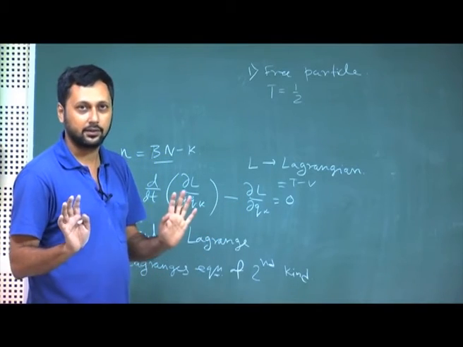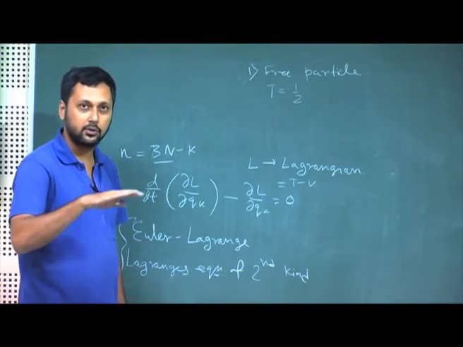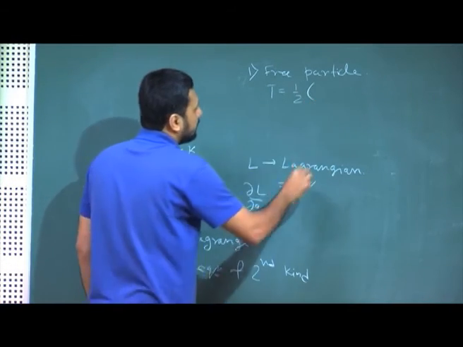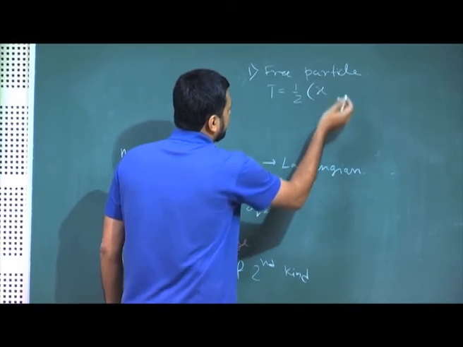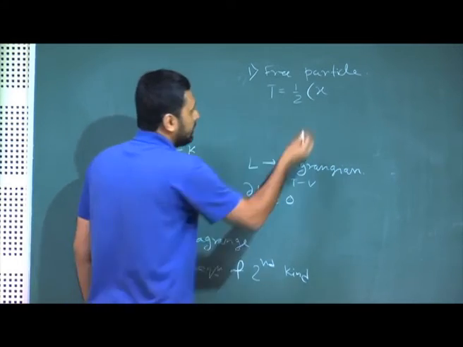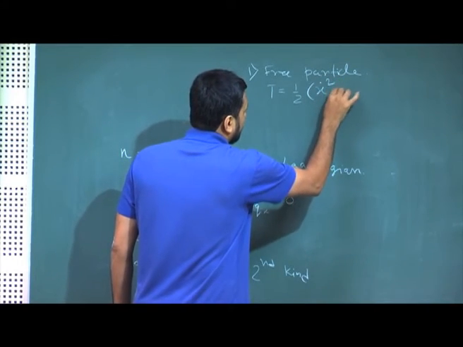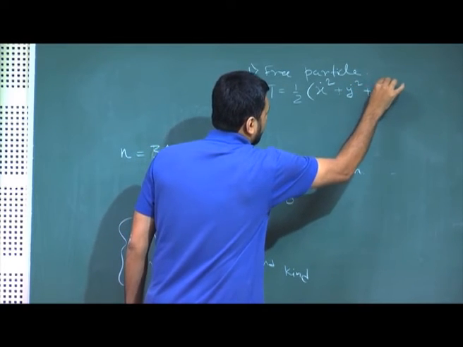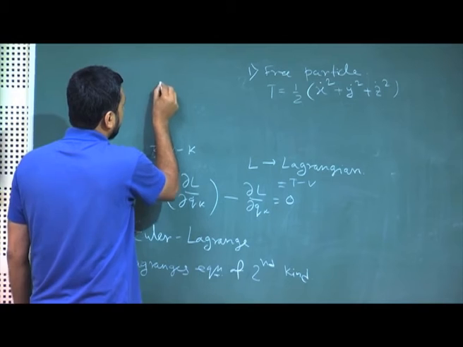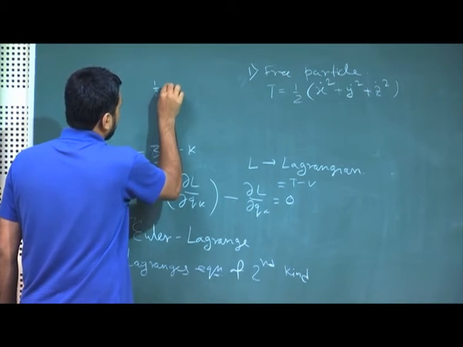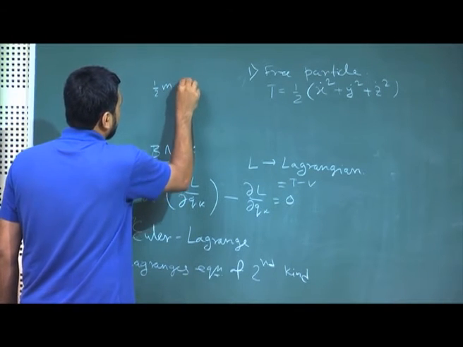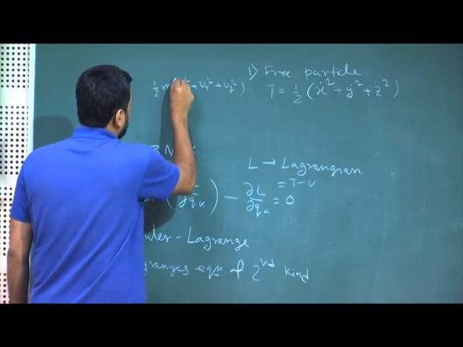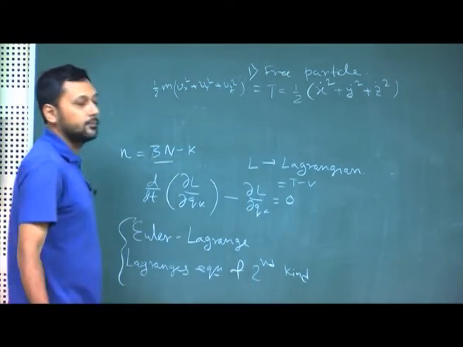I will get the equations. I mean, we do not have to worry about the constraints and all, we will get the equations. So, if we take a free particle, it will be best if we take the x, y, z coordinate system. So, your kinetic energy is x dot square plus y dot square plus z dot square. Frankly, kinetic energy is nothing but half m v square, and v square is vx square plus vy square plus vz square, which is equal to this.